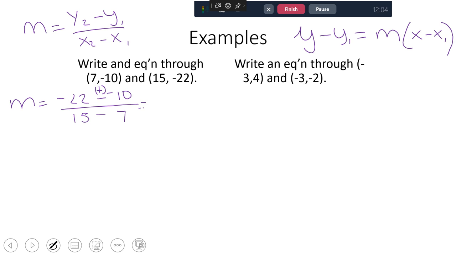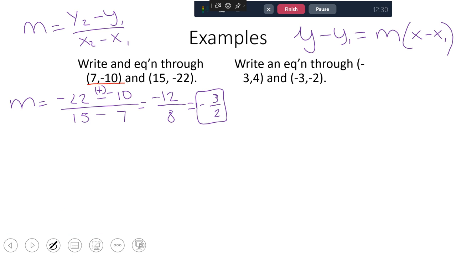So negative 22 plus 10 will be negative 12. 15 minus 7 is 8. Can negative 12 over 8 reduce? Yes, negative 3 over 2.